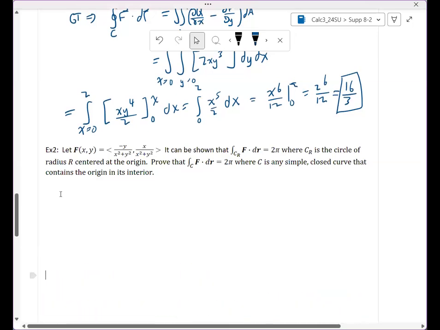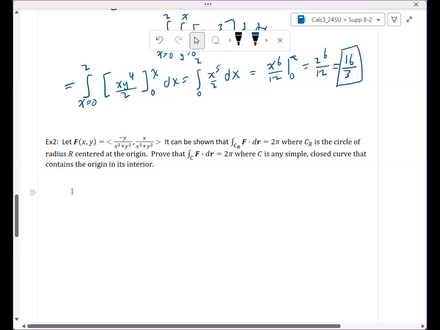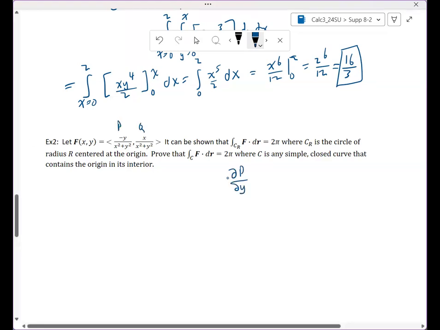Okay, let's take a look at example 2 here. So let's take a look back at the field that we saw before, where it had this strange property that, I didn't write it down there, but here's P and here's Q, that dP/dy equals dQ/dx.